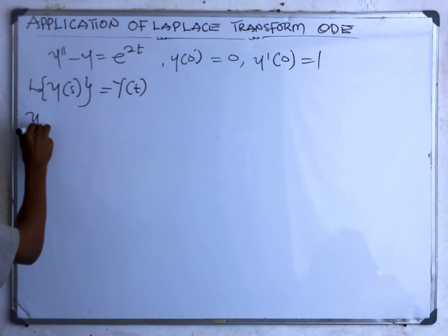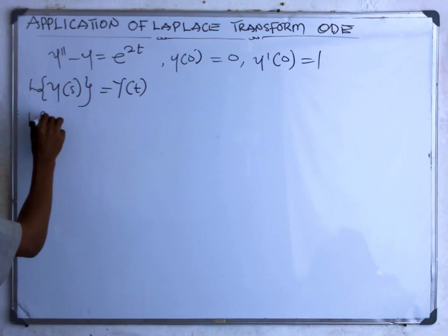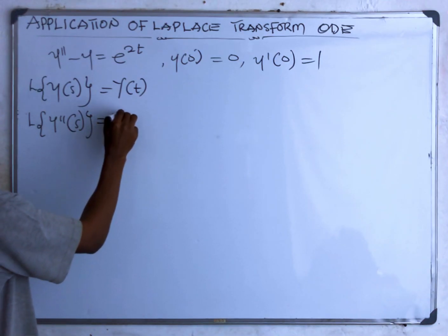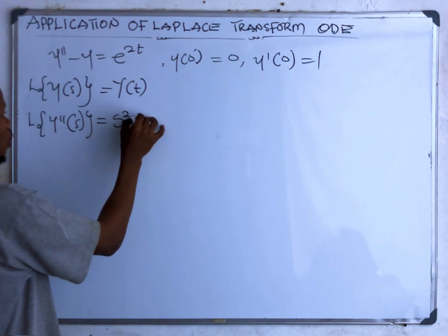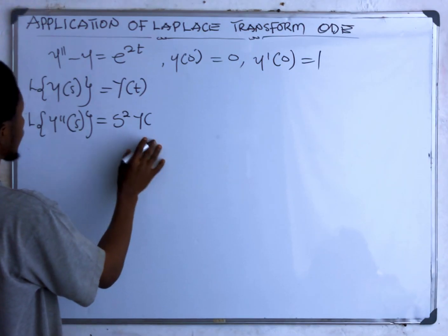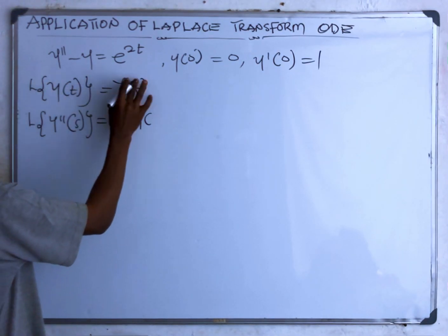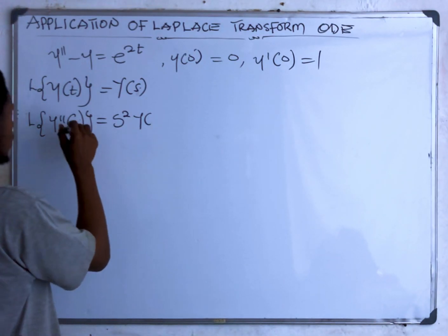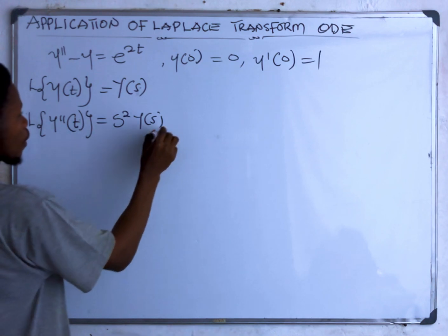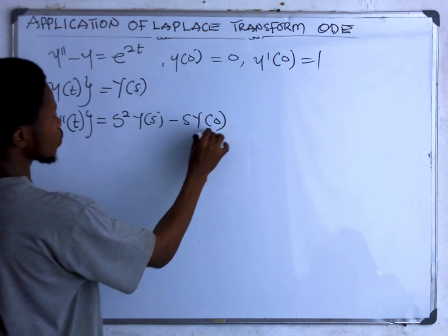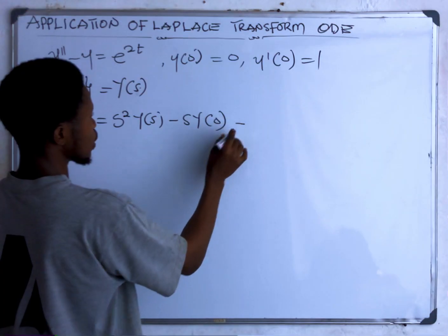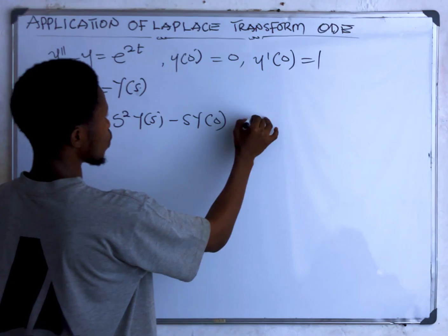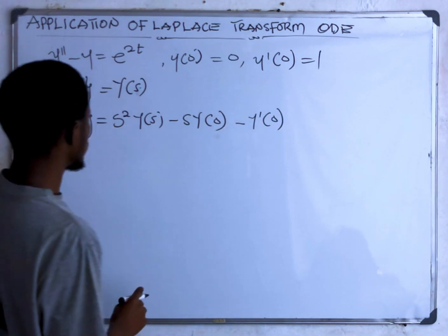If I also want to transform y prime prime, it becomes s squared Y of s minus s y of 0 minus y prime of 0. So this is what we have.